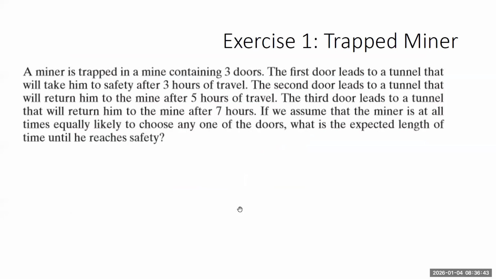Here is the first question. It's a useful, interesting question. It uses some interesting property, some kind of Markov property. It's about a trapped miner. Please read it, and we start to solve.